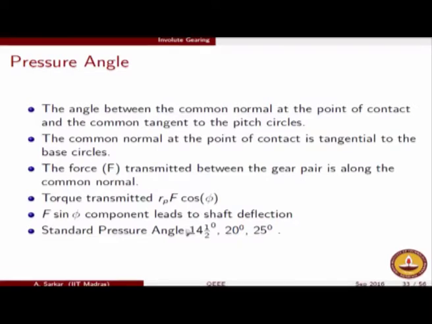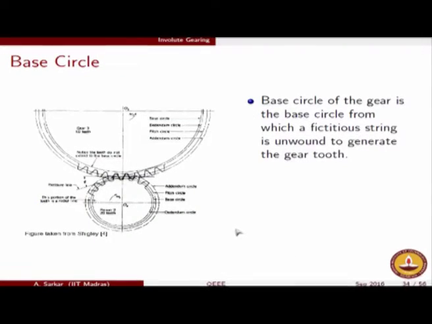SI standards are there, AGMA standards are there. AGMA is the American Gear Manufacturers Association. So different standards will have variations in their recommendations, but these are the different pressure angles which are widely used in industrial applications. So I will show you some of these standards in due course, but let us now continue.